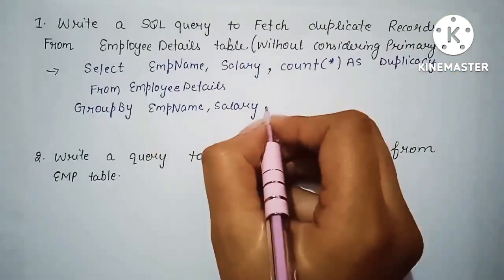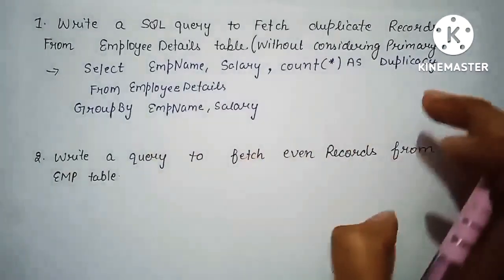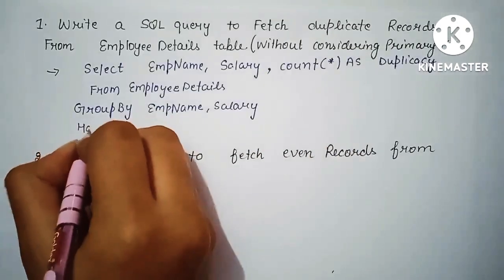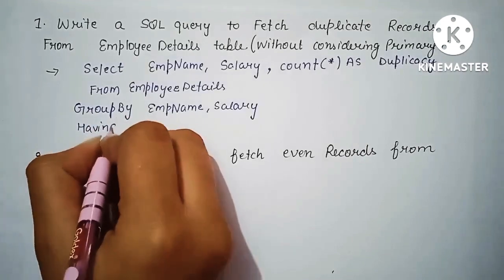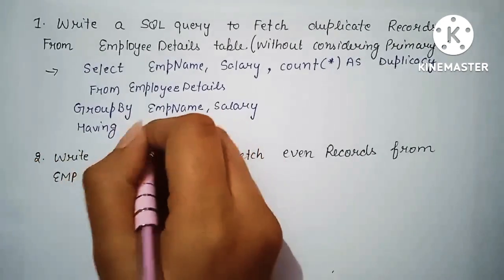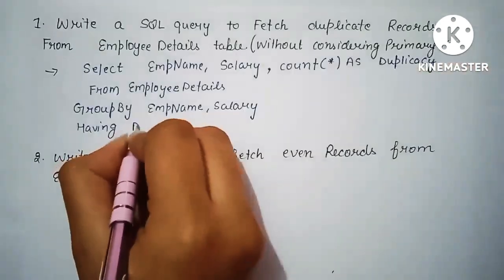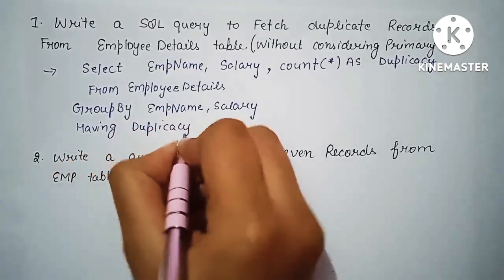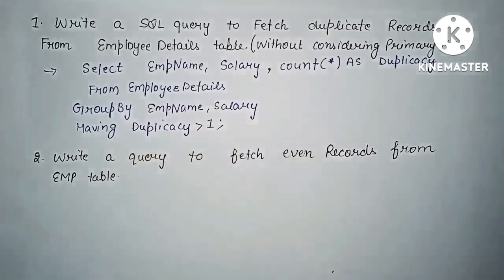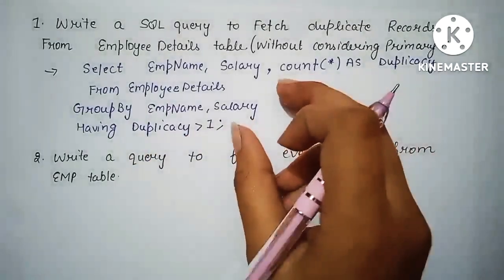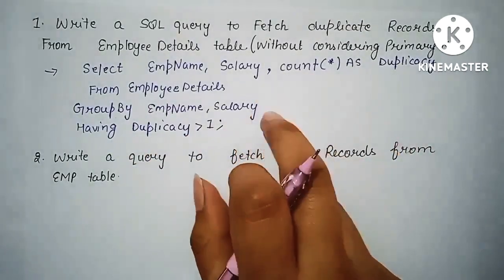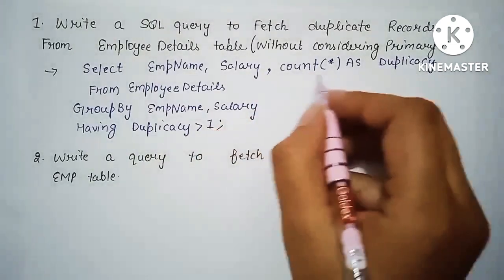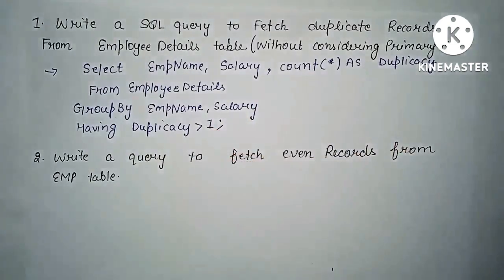After getting this resultant group by table, we will use a having clause, having duplicacy greater than 1. So this query will fetch out all the records from the table that have count star greater than 1. So this is our first query.